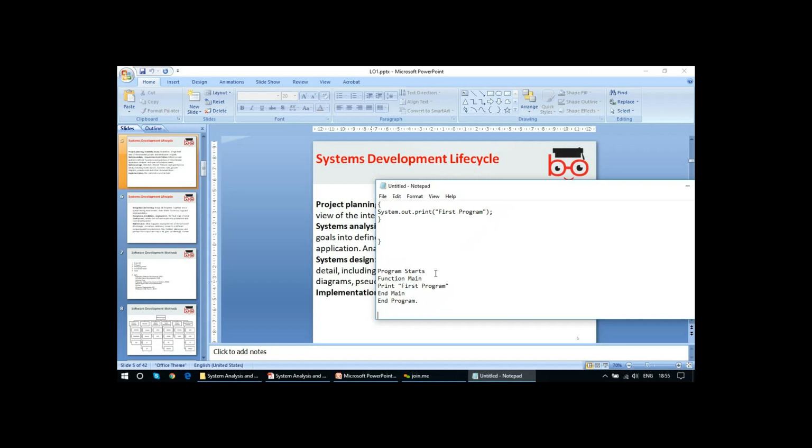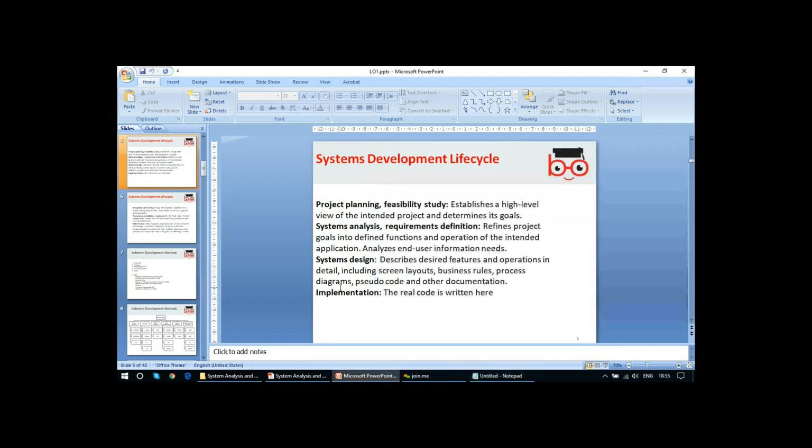Do you get something from here? Yes. So that's called pseudocode. Pseudocode is a kind of program. You exactly define the logic of the program, irrespective of any programming language.